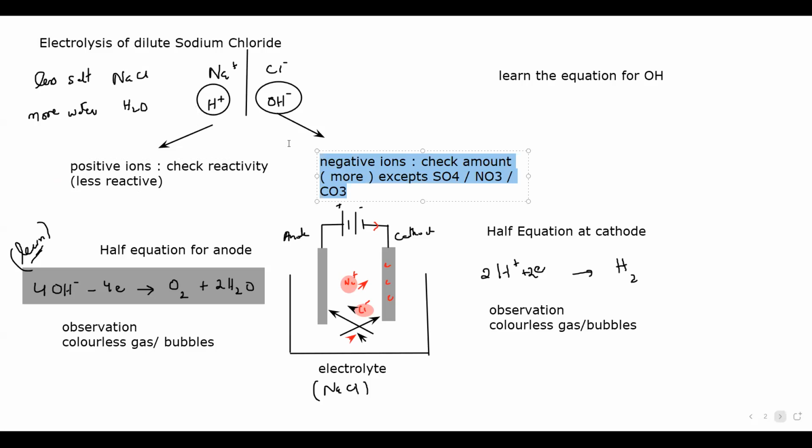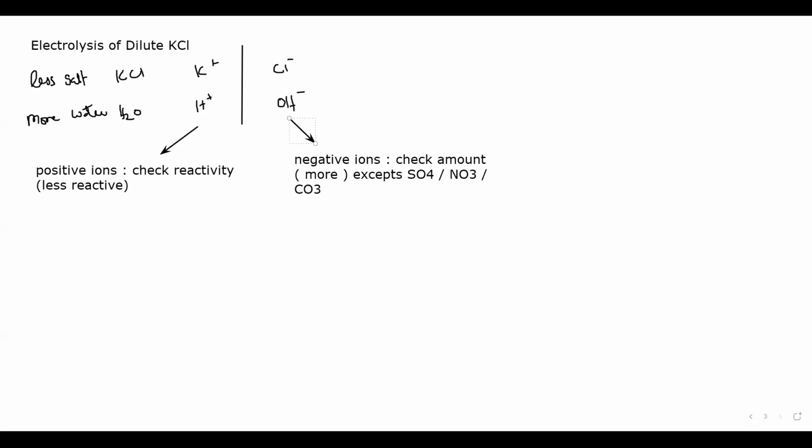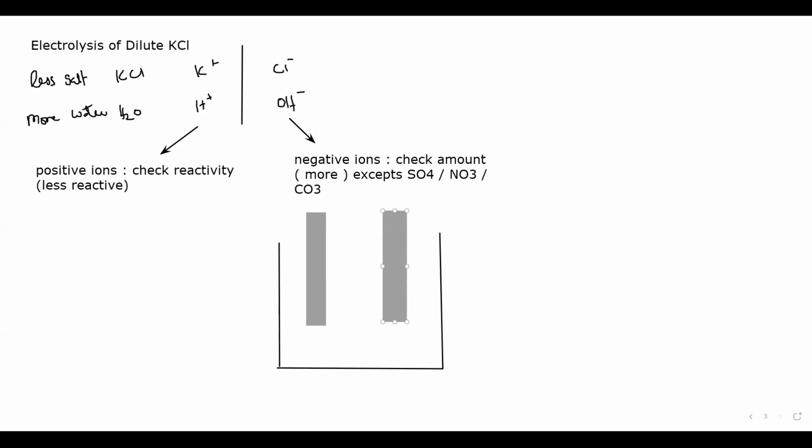And for negative ions, we check the amount. The ion which is more in the solution will discharge at the anode. Except the three, sulfate, nitrates and carbonate are not able to discharge, not able to move because of their size.